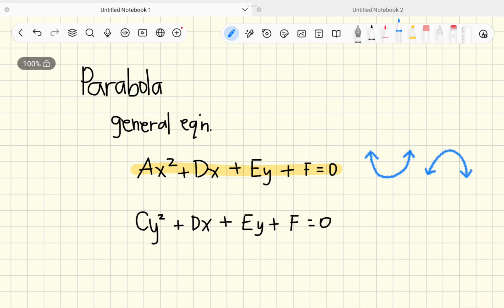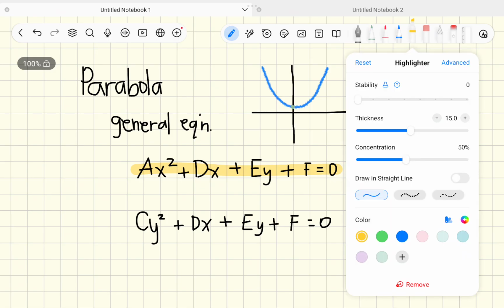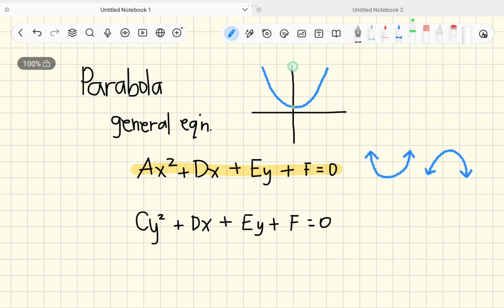How so? We go back to your parabola. So this is your parabola. We know that there is the focus, then we also have your vertex, right? Now the vertex belongs to an existing line, and that is what we refer to as the axis of symmetry.